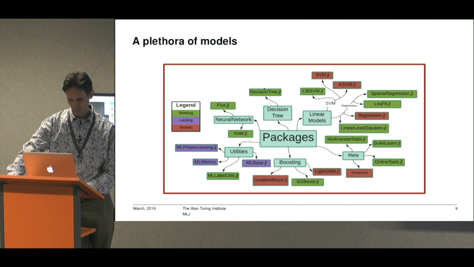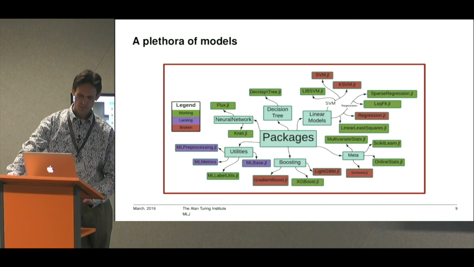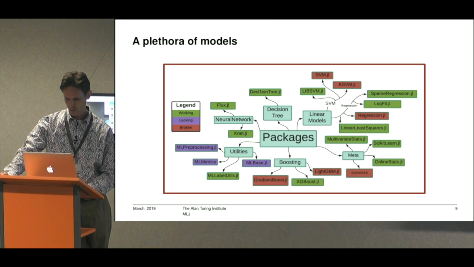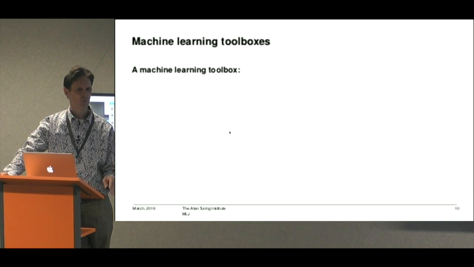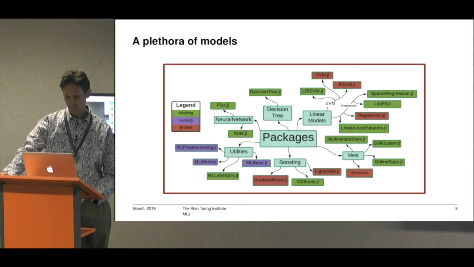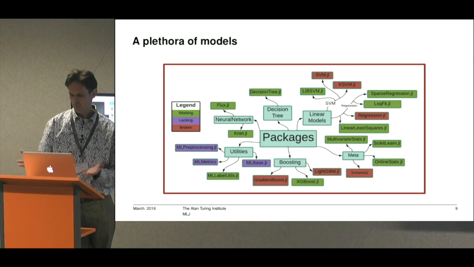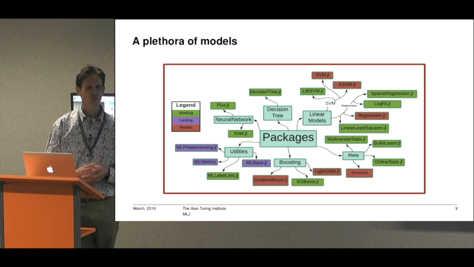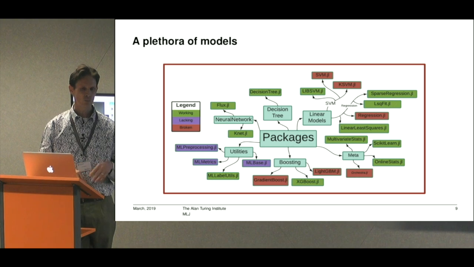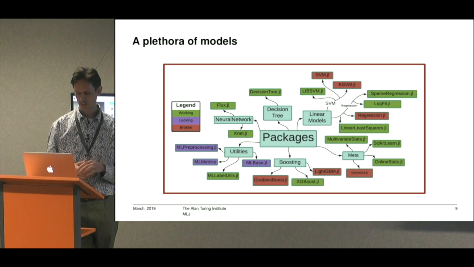There's a package over here called DecisionTree, which allows you to implement decision trees or ensembles of decision tree type algorithms and so on. And then you have more traditional things like ordinary regression. So the point is that you don't have all models sitting in one package. They are scattered all over the place, and each package will have its own way of you interacting with the model, its own way of fitting the model to the data, its own way of tuning those parameters, and so forth.